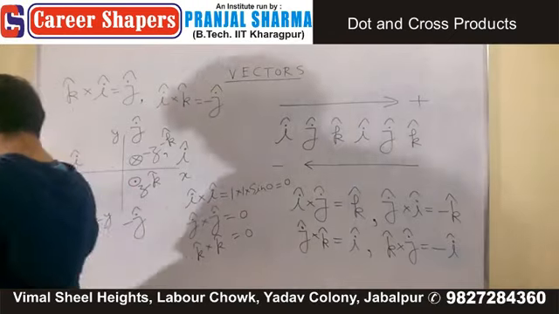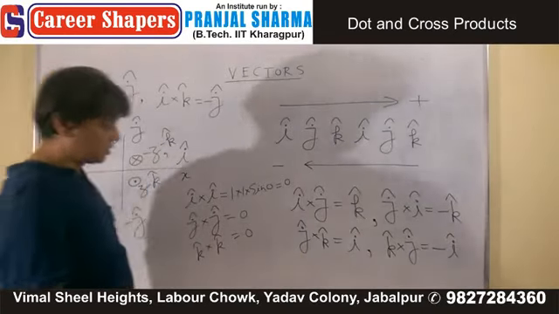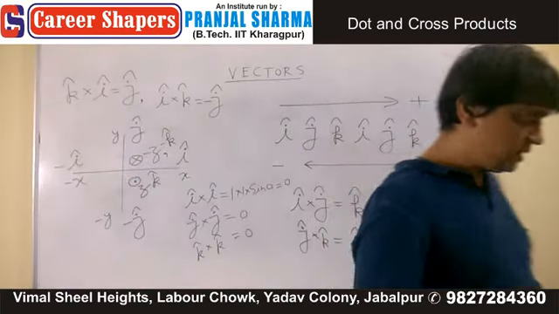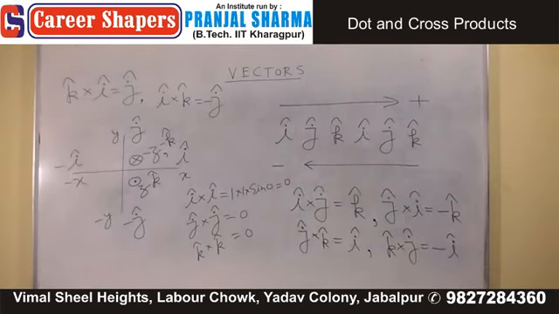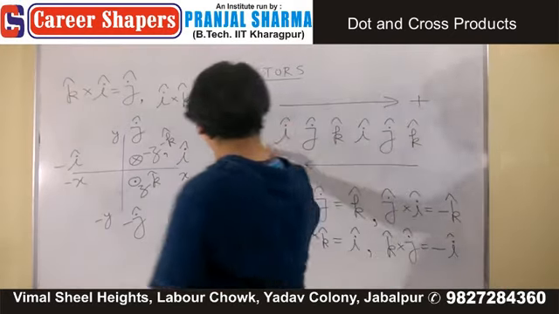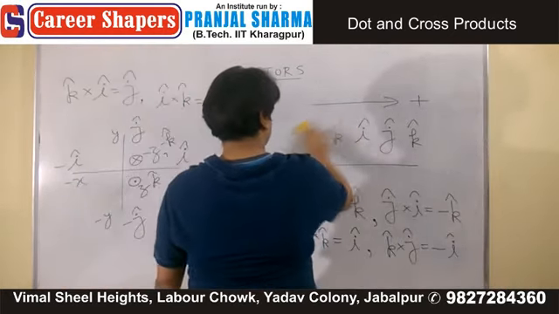Cross product of any two parallel vectors is always 0.